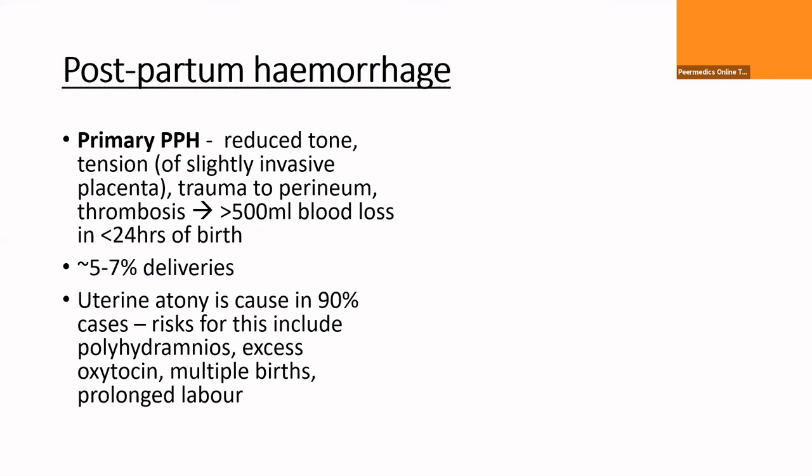Retention, so generally when you've got an invasive placenta that tries to stay on, any trauma to the perineum, or thrombosis, which predispose to bleeding, are your main causes, and it occurs in about 5 to 7% of deliveries. Uterine atony is a cause of about 90% of these, and risks for this include polyhydramnios, excess oxytocin, multiple births, so twin births or more, and prolonged labour.